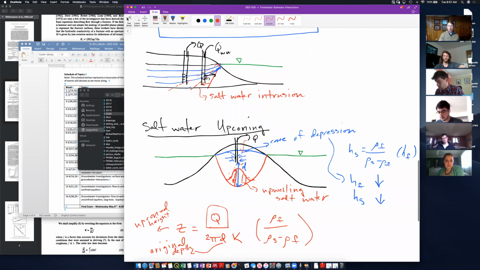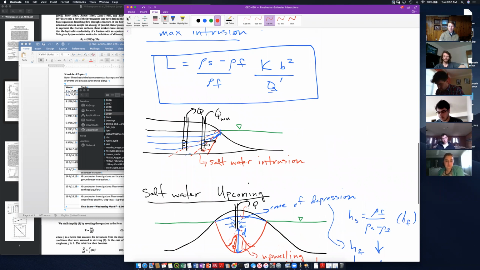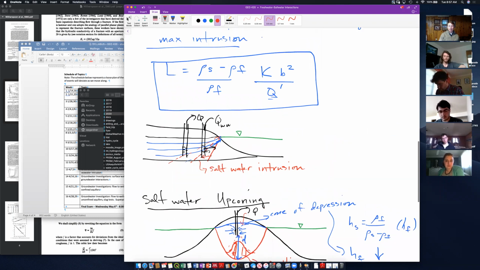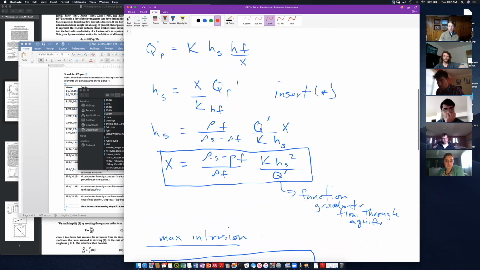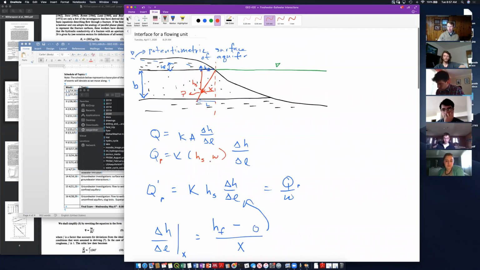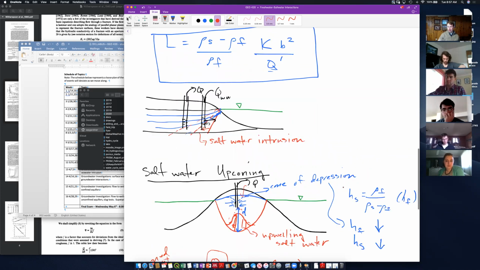Okay, so upconing, intrusion length, and being able to describe the depth of our interface using this force balance equation.